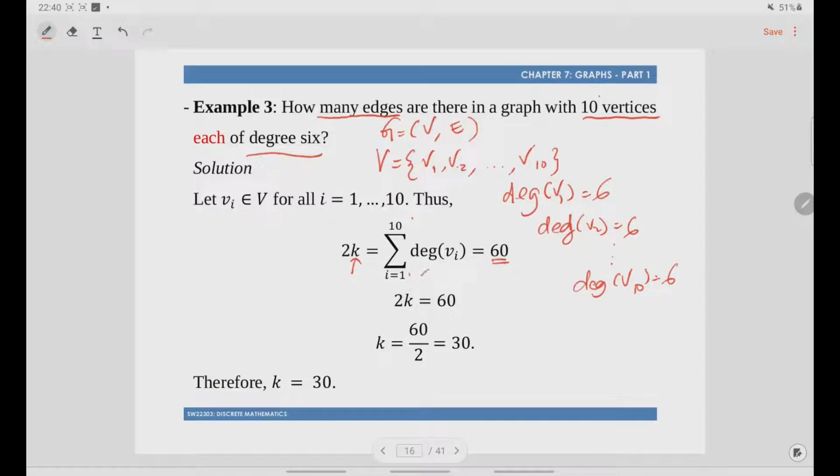Our task is to get k, because k represents the number of edges. It's very easy to solve this equation for the unknown k. So k is equal to 30. That means there are 30 edges in a graph with 10 vertices where each vertex has degree 6. The answer is k equal to 30.